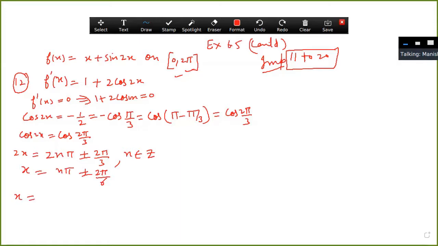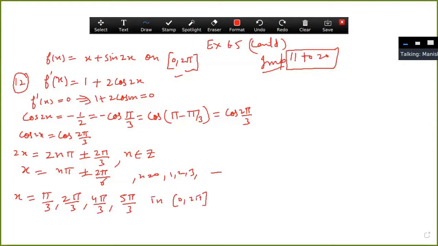When you put positive values of n, n = 0, 1, 2, 3 and so on, up to only one rotation, you get pi by 3, then 2 pi by 3, next 4 pi by 3, 5 pi by 3. These are the values in the interval from 0 to 2 pi.